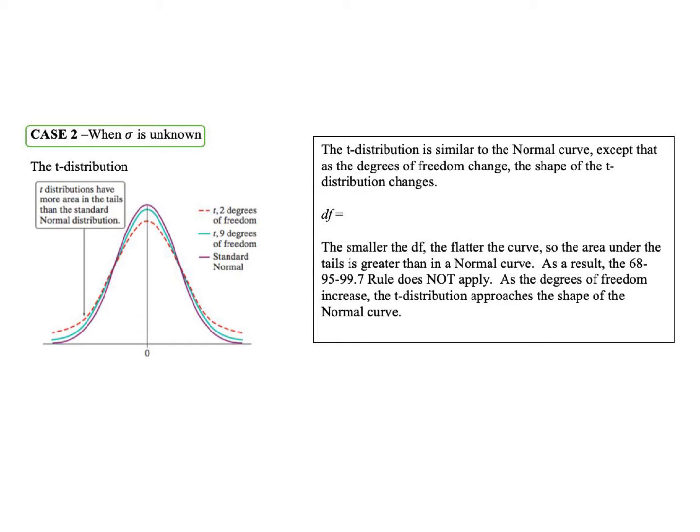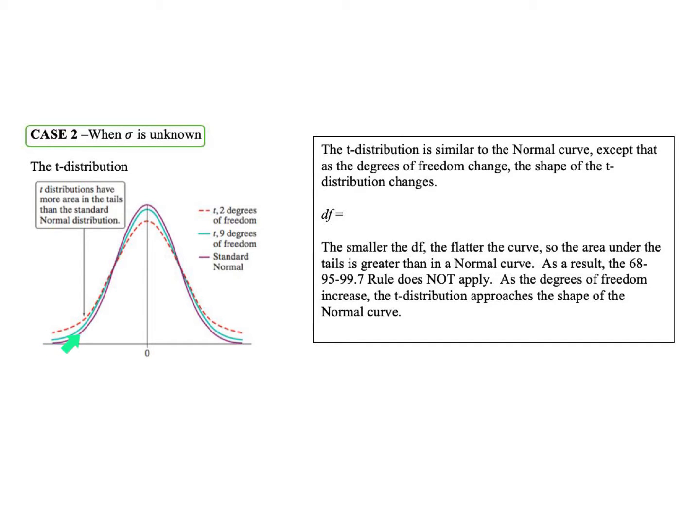So when sigma is unknown, we saw that our z-critical value just didn't do a very good job estimating the confidence level that we needed. So we use the t-distribution, and the t-distribution is similar to the normal curve, except that there are many t-distributions, and that's based on the degrees of freedom.